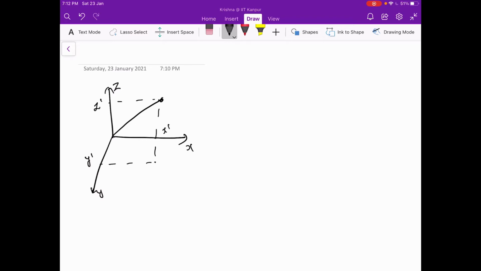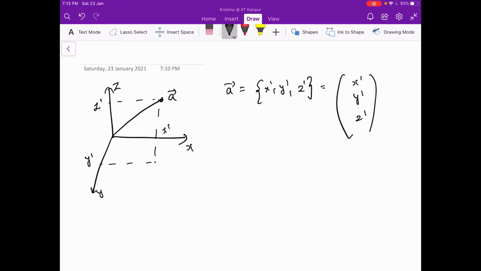And let's say this vector is A, so we can write a vector as its coordinates, x prime, y prime, z prime. This is the typical way we have been writing, or you can also write it in this column format: x prime, y prime, z prime. So these are the two ways to write a vector in three-dimensional space.